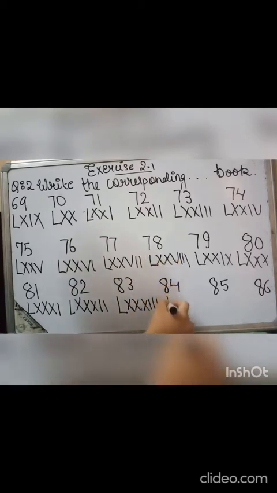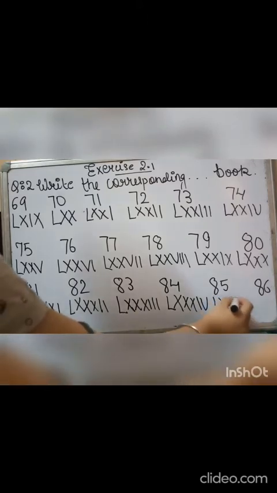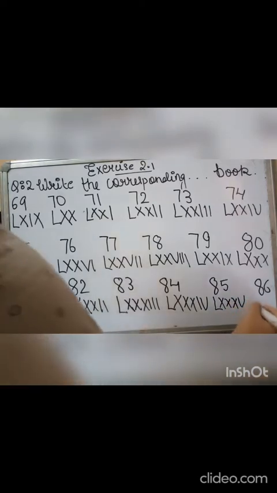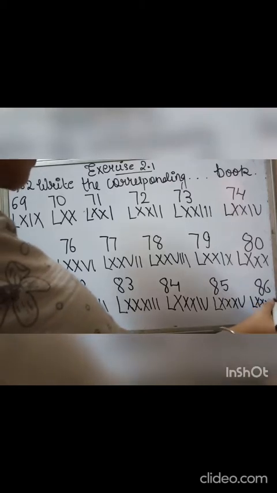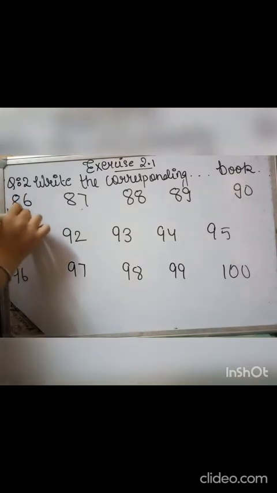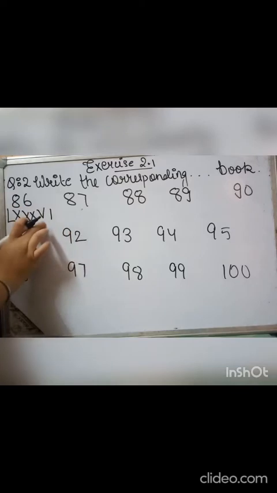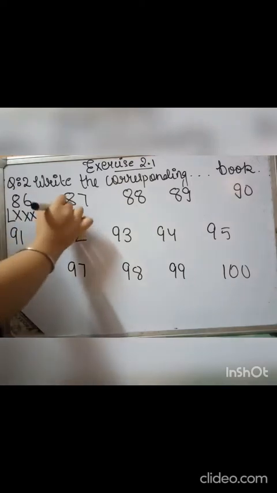Now 84: 50, 60, 70, 80, and 1 subtracted from 5, so LXXXIV. 85 is 50, 60, 70, 80 and V. 86 is LXXXVI. V means 5, I means 1. 5 plus 1, 6. So 86.